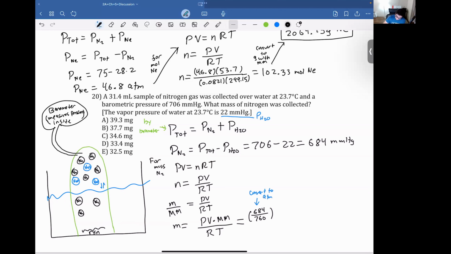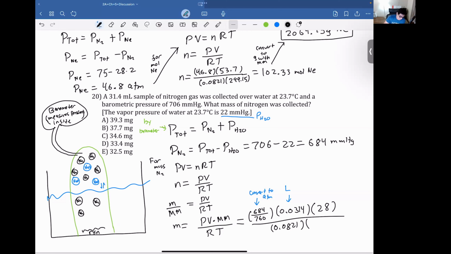That is the pressure. The volume is 0.0314 liters. The molar mass of N2 is 28, about. Then R is 0.0821, your constant.